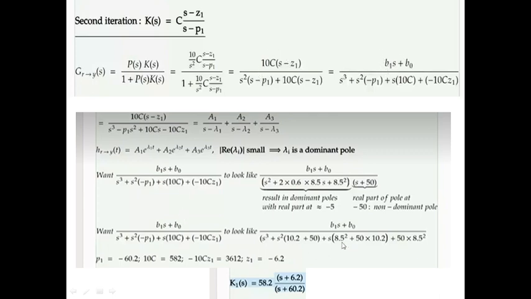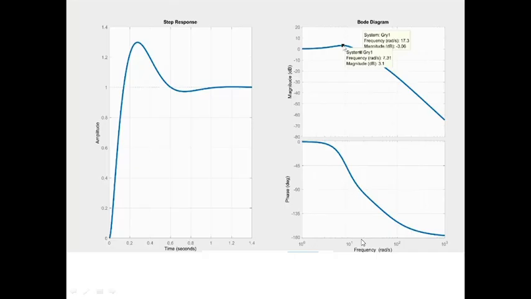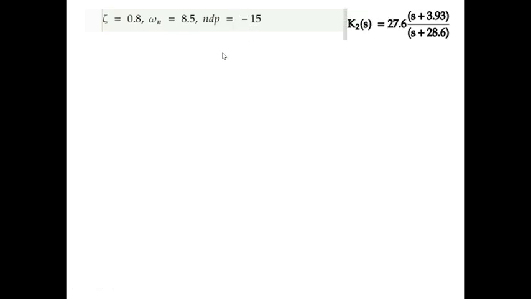Now if we keep omega n the same, what can decrease the value of 10c is the magnitude of the non-dominant pole. So if we increase zeta, keep omega n, and decrease the magnitude of the non-dominant pole, from -50 to -15, we get the new controller.